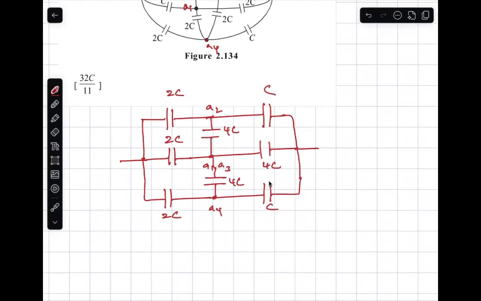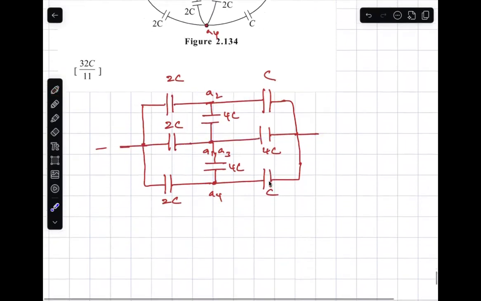Okay. As you mentioned, A2 and A4 are again at the same potential. Now this is your axis. Now again you fold these 2 points. Yes.